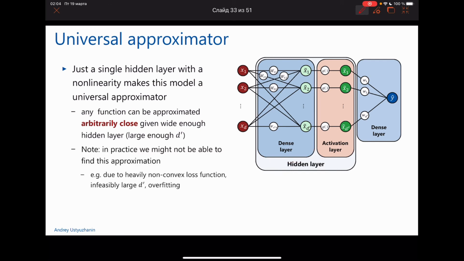However, in practice, finding such an approximator is not always feasible because of details like heavily non-convex loss functions, the requirement to build a very high-dimensional intermediate representation, and sometimes overfitting of such a function.